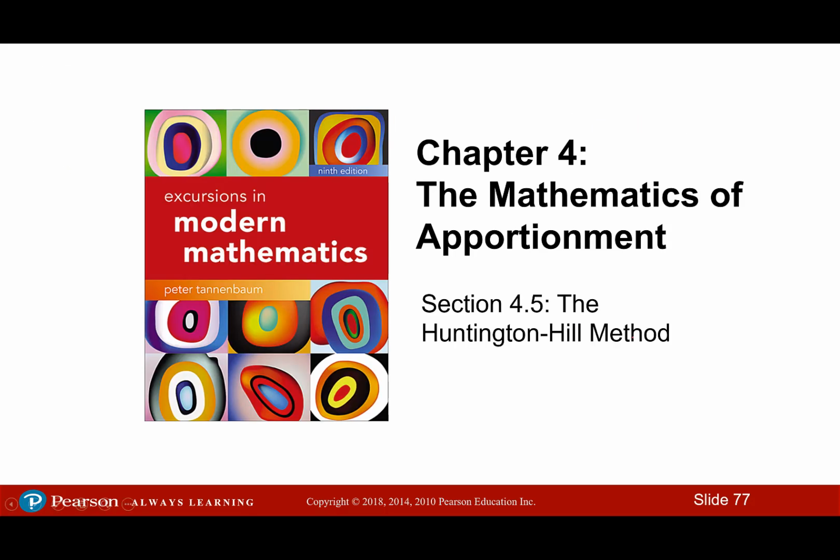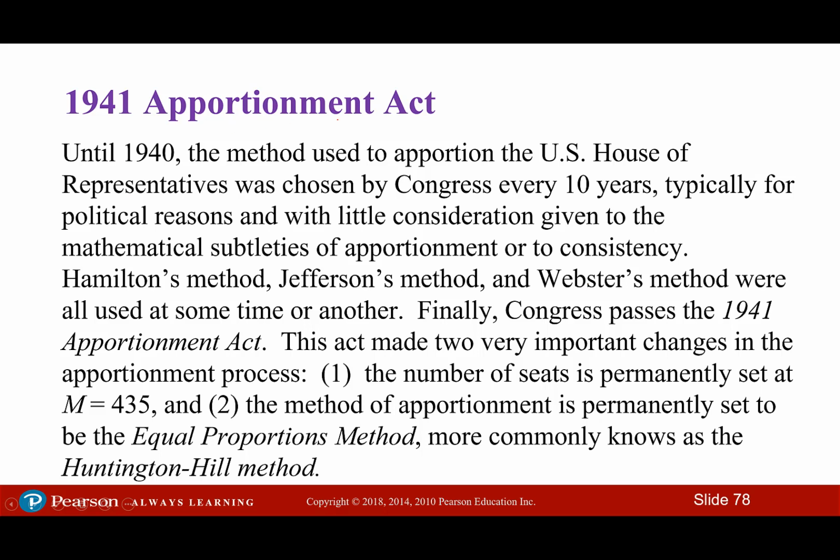All right, and jumping to 4.5, this is the Huntington-Hill method. Originally it was called the Hill method because this person named Hill did it, and then Mr. Huntington came along. I believe it's the 1940s, and they finally standardized. Actually, let's go through it here.